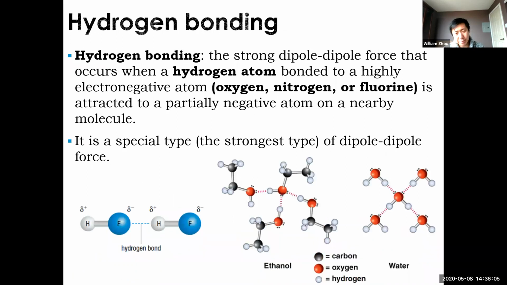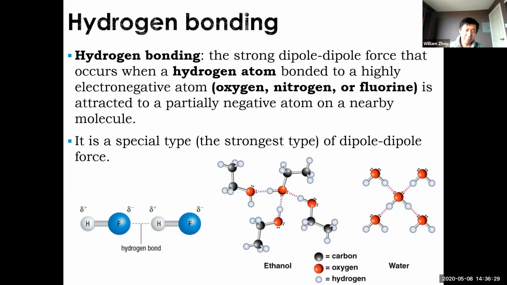The next type of intermolecular force is hydrogen bonding. Now, what is hydrogen bonding? Well, this one is a little bit difficult to understand. It is a special version of the dipole-dipole force. It is when you have a hydrogen atom bonded to something really electronegative, and specifically oxygen, nitrogen, and fluorine.